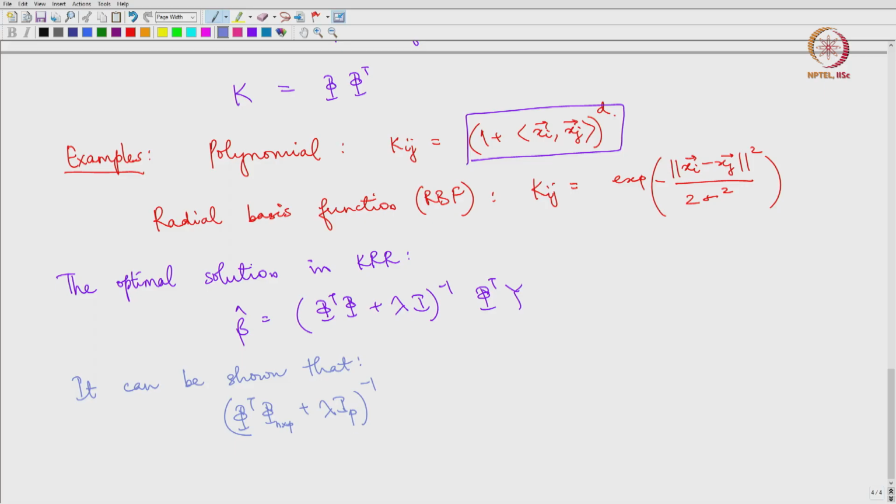So, that is phi, we need I of size p by p, times phi transpose. This can be shown to be equal to phi transpose (phi phi transpose plus lambda I_n) inverse. And if you remember what we had said, this is essentially the kernel matrix K.